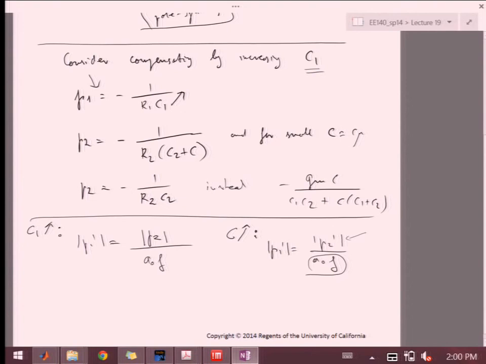Right. Notice that moving P2 to the right is doing nothing to the phase margin, right? Because you've already dropped by 90 degrees at P1 prime, and then you're extending, and when you hit P2 prime, you're going to drop by another 45, and then you know that at that point your gain is also crossing 1 over F, right?